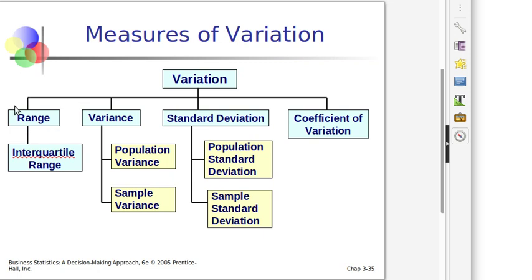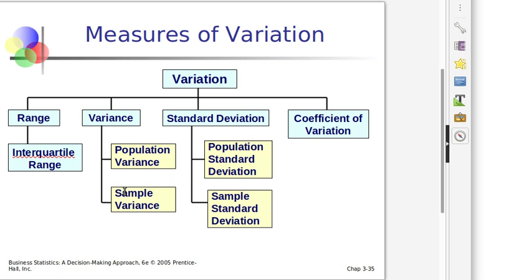Range also has what is called the interquartile range, while variance has two types, the population variance and the sample variance. Always, class, you'll notice population and sample are present.